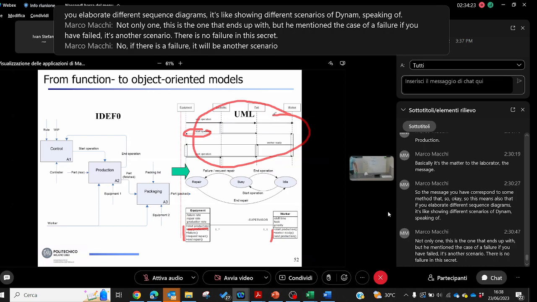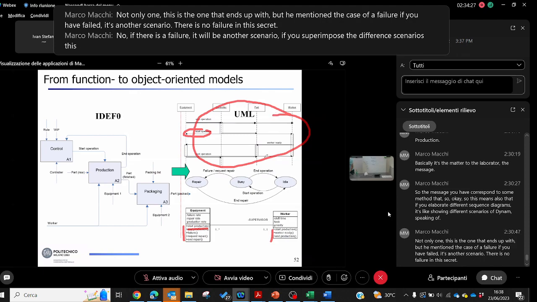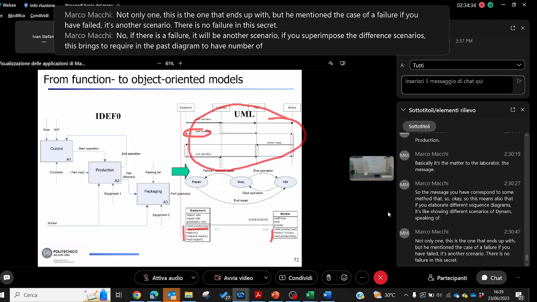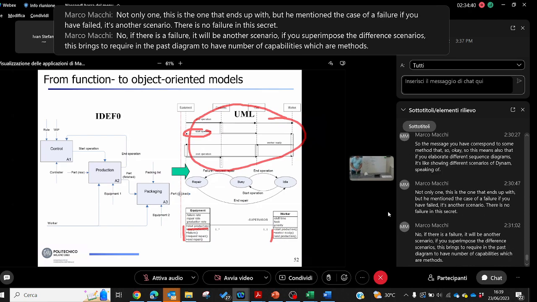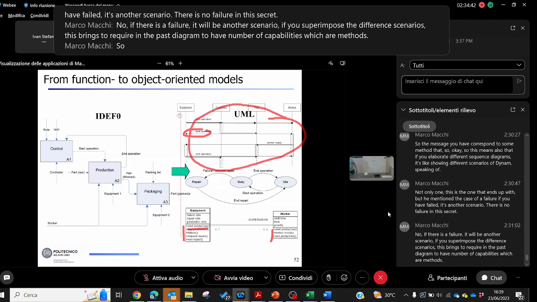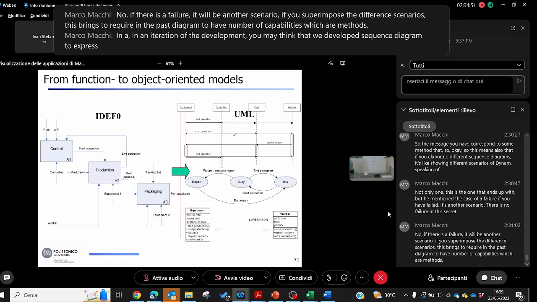If you superimpose the different scenarios, this brings to require in the class diagram a number of capabilities, which are methods that act upon outputs. So in an iteration of the development, you may think that we developed a sequence diagram to express the dynamics.